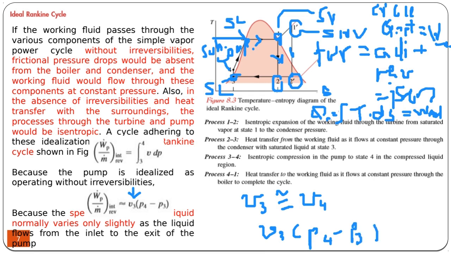So the pump work is calculated either by using the enthalpy differences or by using V3 times the difference of the pressure between the inlet of the pump and exit of the pump.